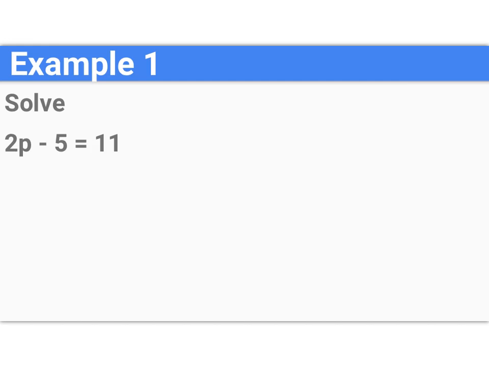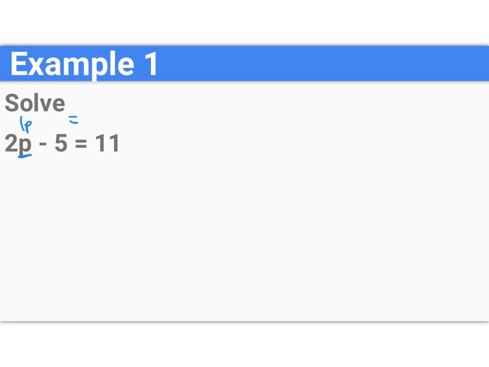this is a two-step equation. So I should have started off with a one-step equation. So what you have to do here is work your way to the opposite. The purpose is to get the variable to be 1p, 1p equals something.